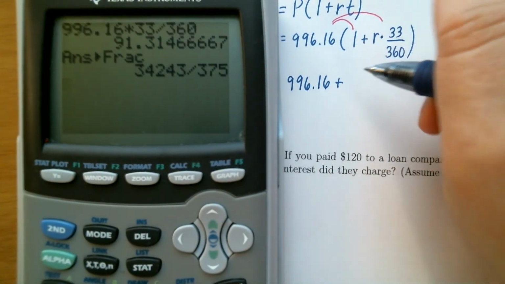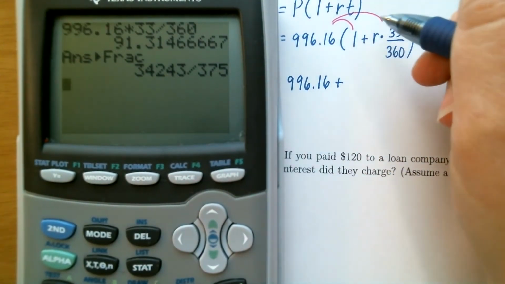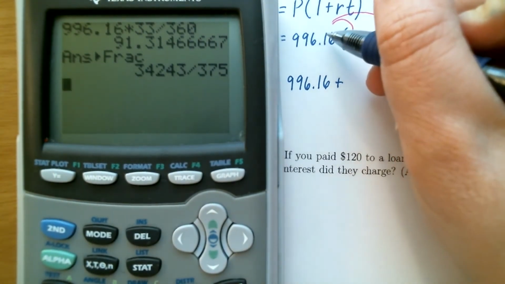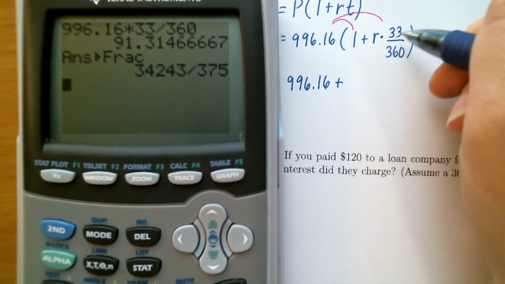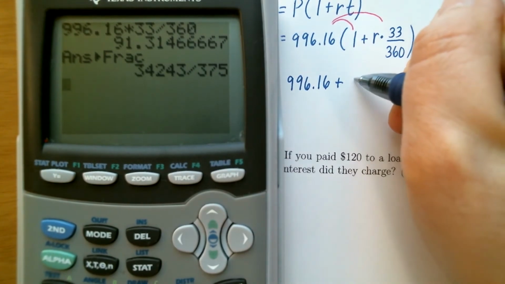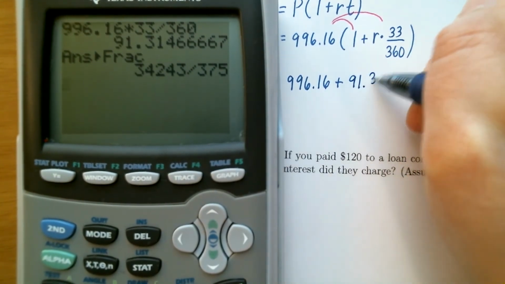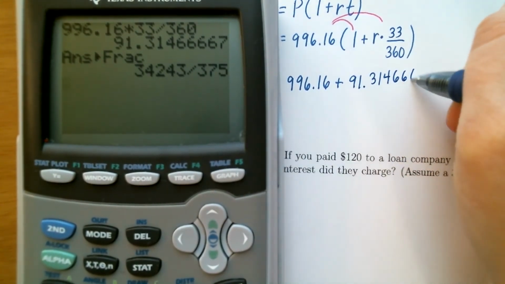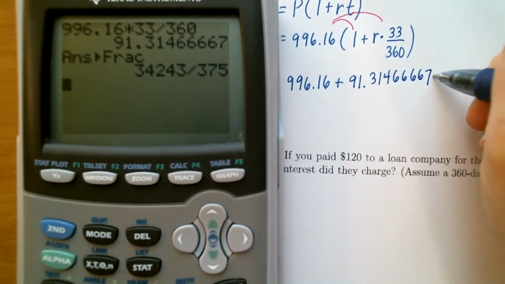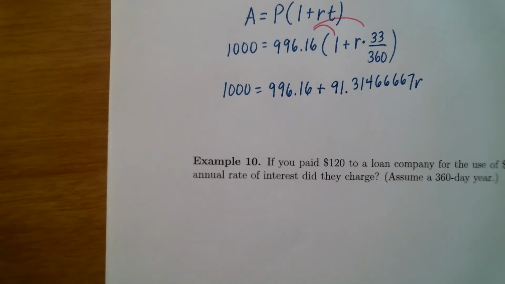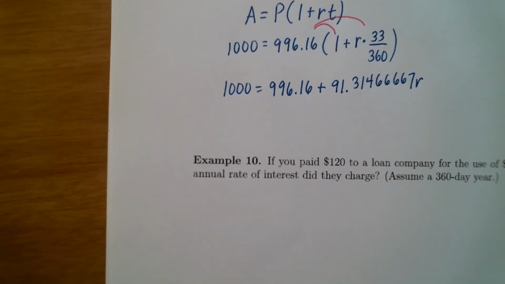You have to write out all the digits that your calculator is showing you. So $996.16 times this 33 over 360 is going to be 91.314666667 times R.